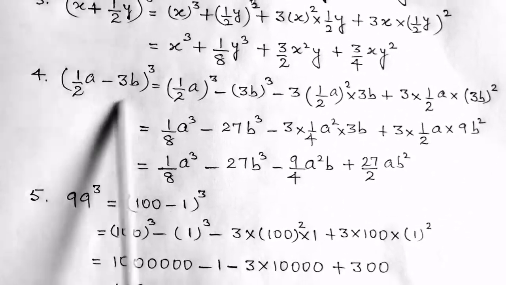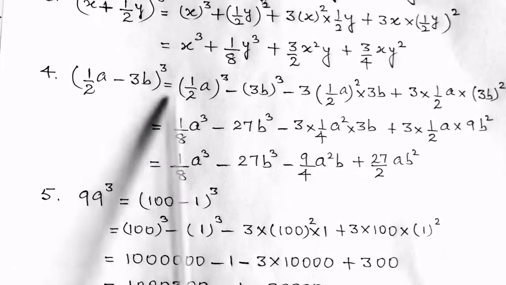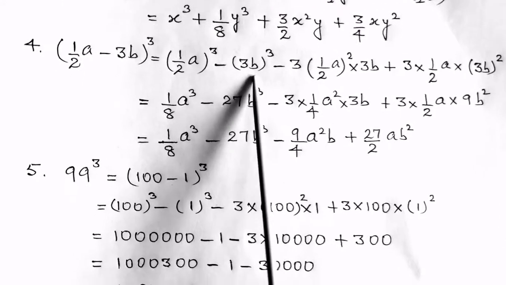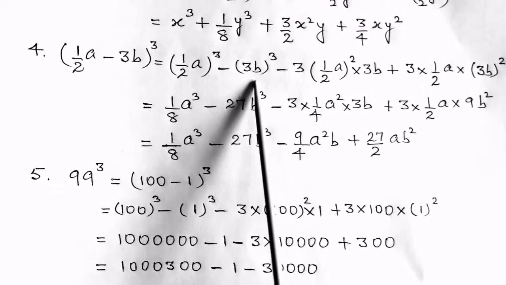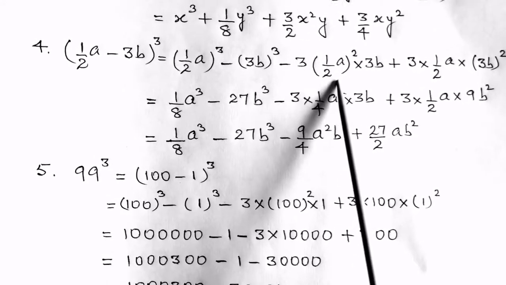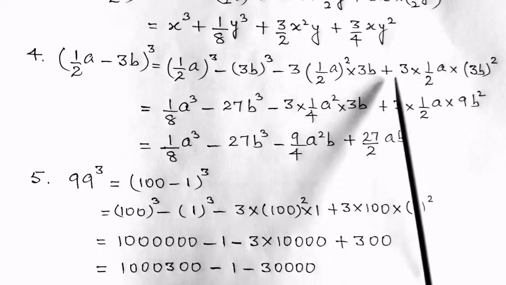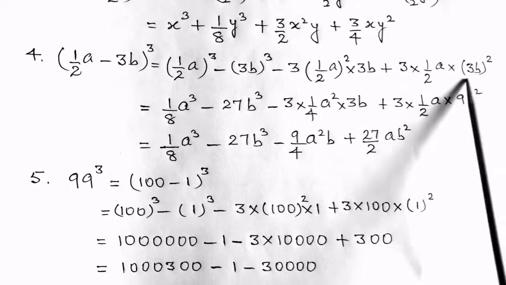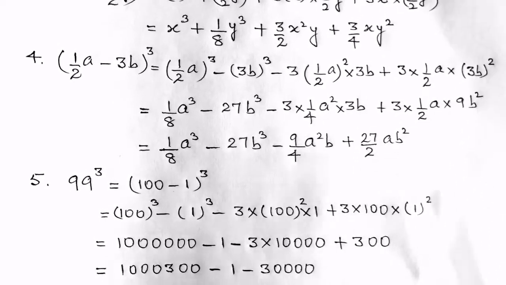Next is (1/(2a) − 3b) whole cube. So cube of first, that is cube of 1/(2a), minus cube of second, that is cube of 3b, minus 3 into square of 1/(2a) into 3b, plus 3 into 1/(2a) multiplied by square of second, that is square of 3b.